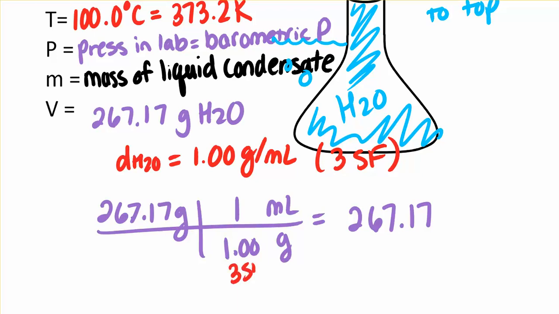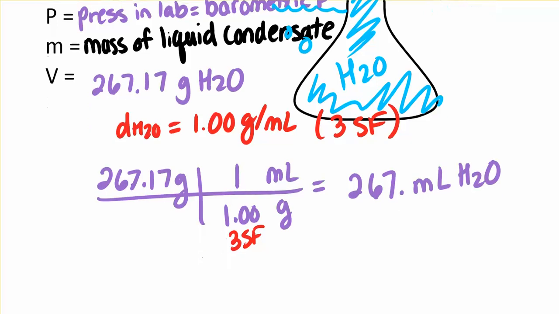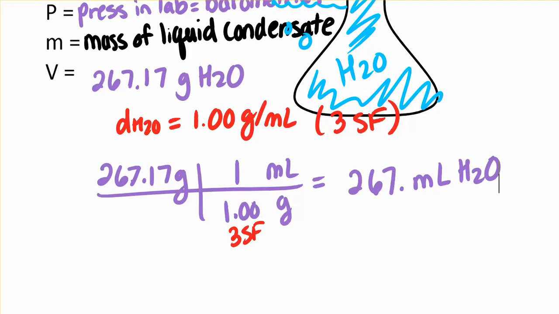This has 3 sig figs, so I'm going to lose significant figures when I do this calculation. Okay, so be sure you drop down your sig figs once you use the density. Drop it down to 3 sig figs. So now I know how many milliliters of water fit in the flask.